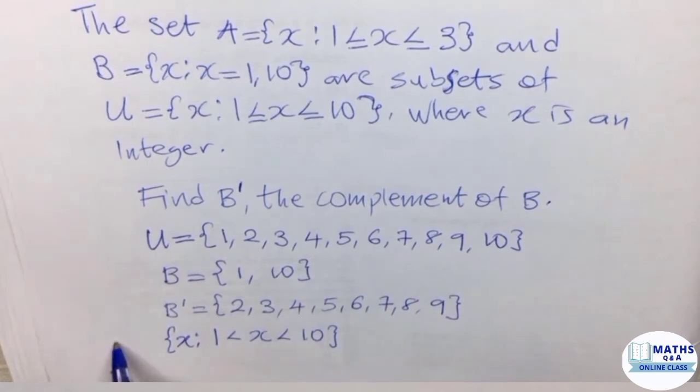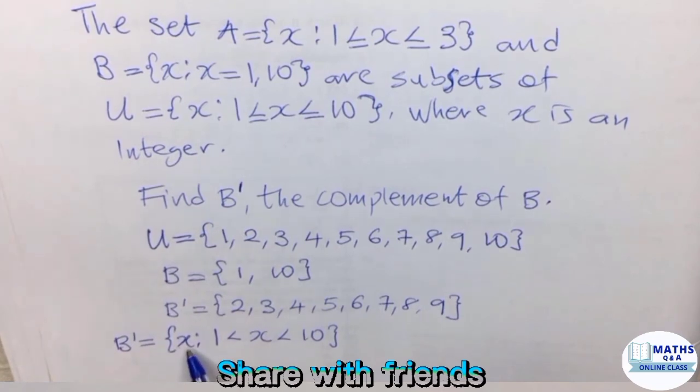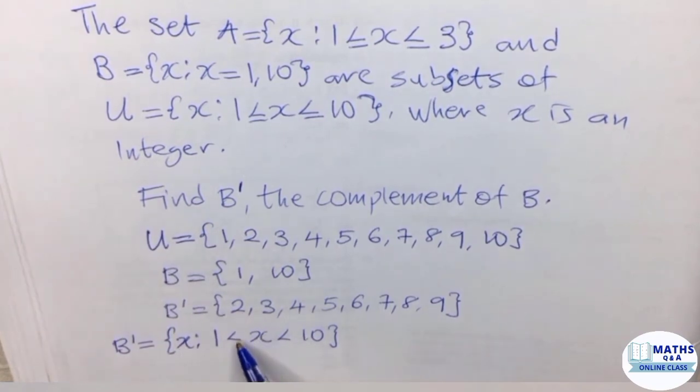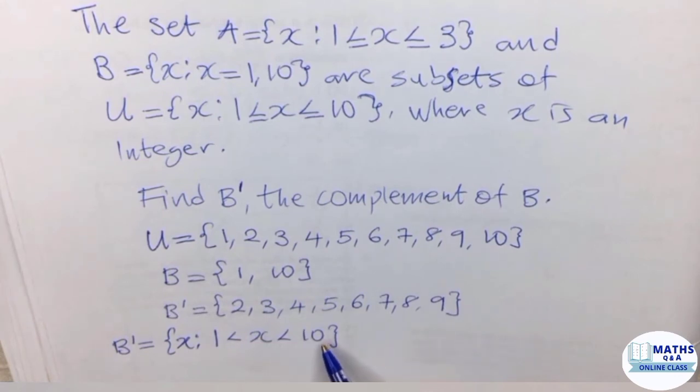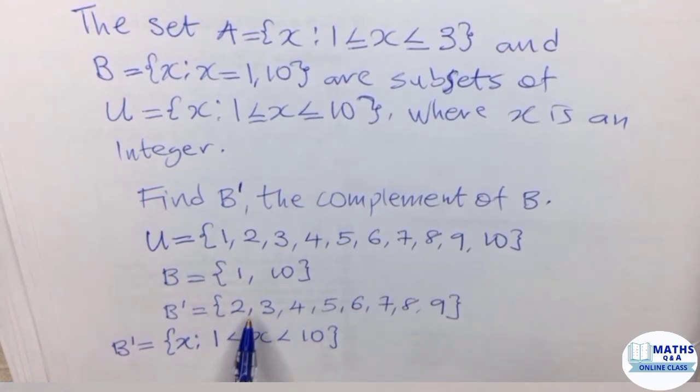So B complement is equal to x such that x is greater than 1 and x is less than 10. If x is greater than 1, 2 is greater than 1, 3 is greater than 1, 9 is greater than 1. At the same time, 2, 3, 4, 5, 6, 7, 8, and 9 are all less than 10.